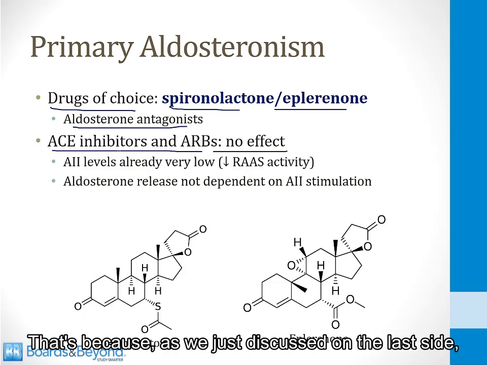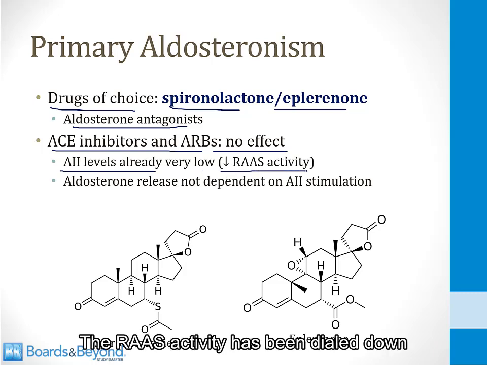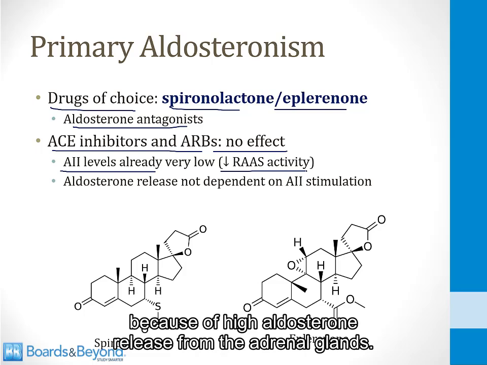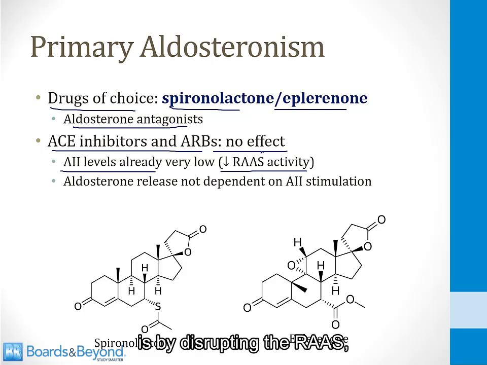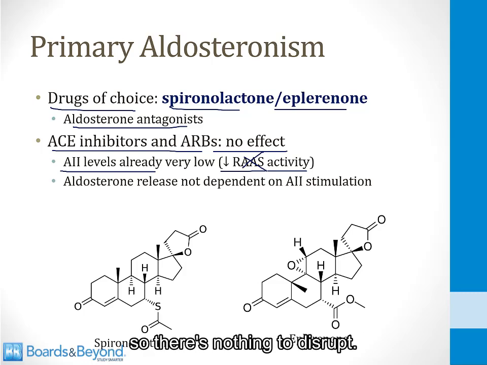That's because, as we just discussed on the last slide, angiotensin II levels are very low in patients with primary aldosteronism. The RAS activity has been dialed down in response to the high levels of sodium and water that are being retained because of high aldosterone release from the adrenal glands. Remember that the way ACE inhibitors and ARBs work is by disrupting the RAS, but RAS activity is already very low, so there's nothing to disrupt.